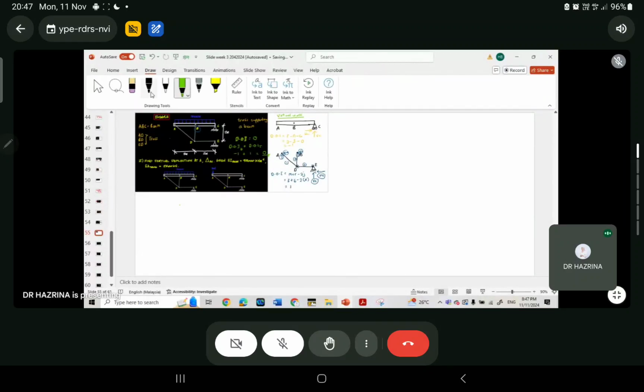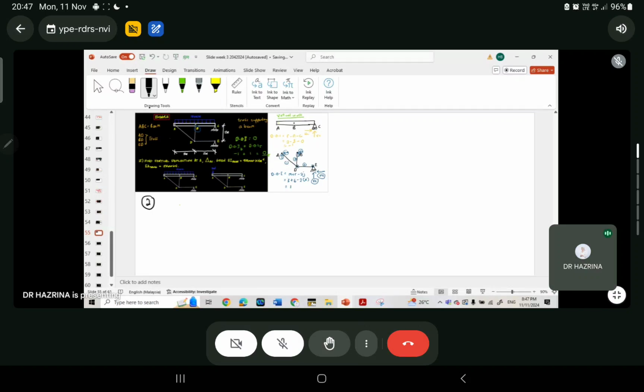Now let's move on to the calculation. In the composite structure, the first step of course is you have calculated the DOI, done. And then you can start to draw, number 2.